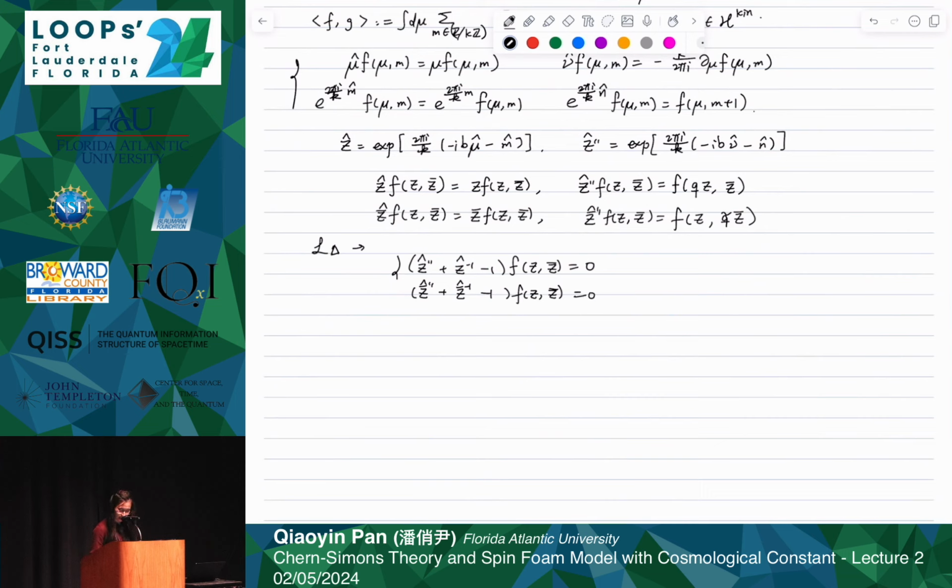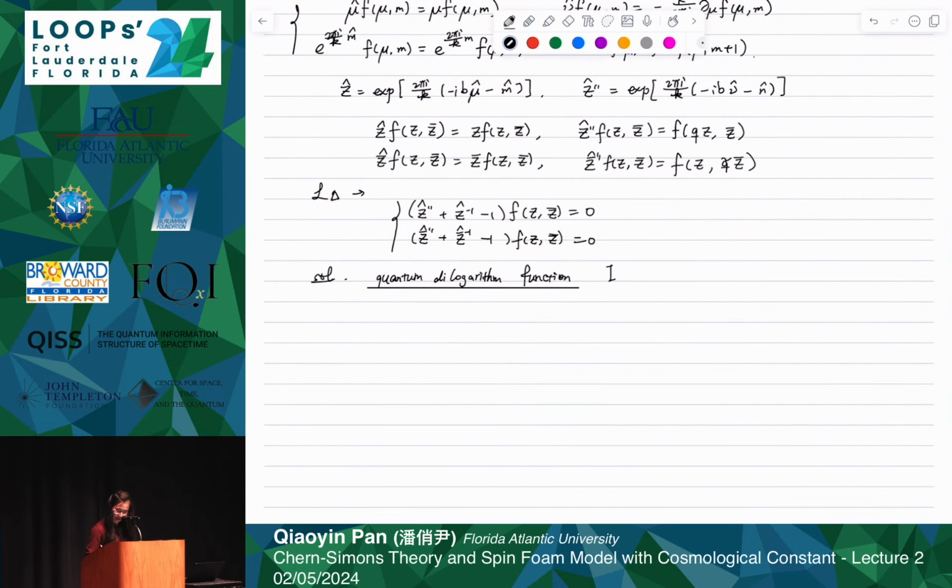Then we'll just try to solve it. And the solution is given by what's called the quantum dilogarithm function. And it's written in the following way.